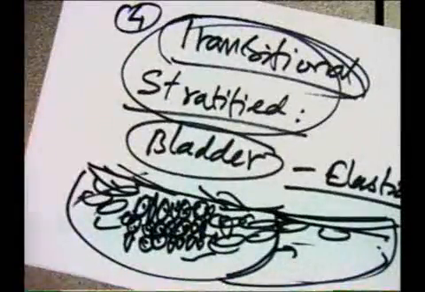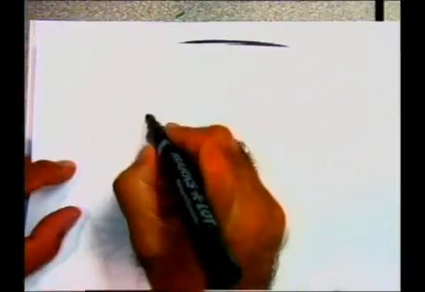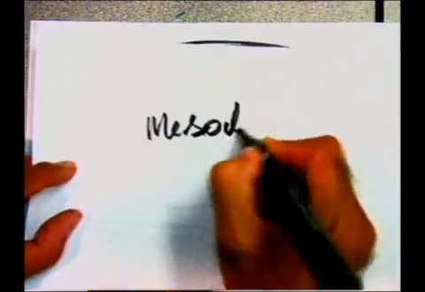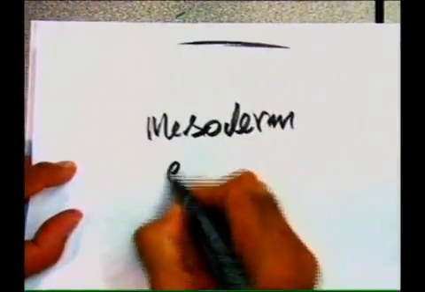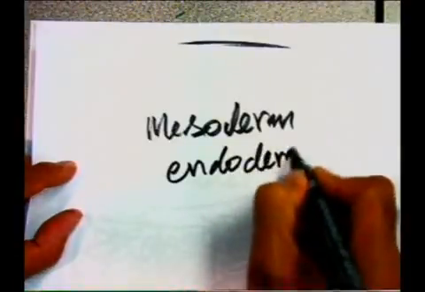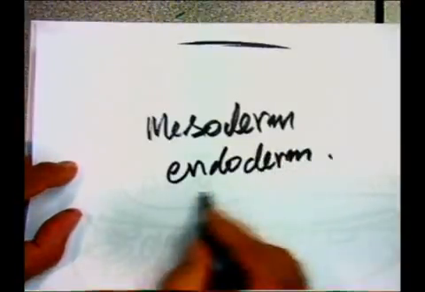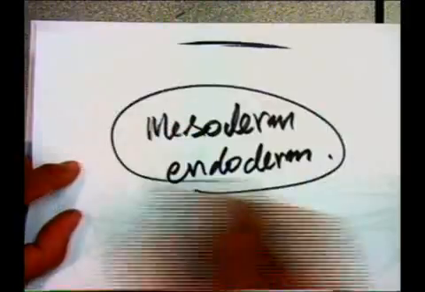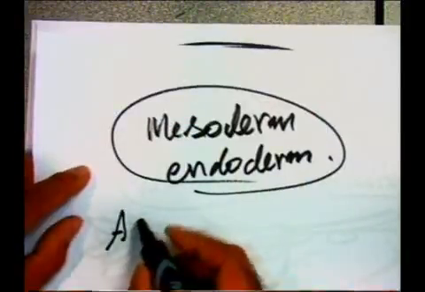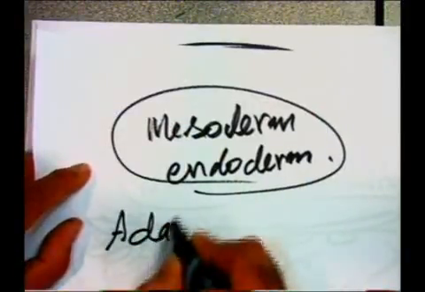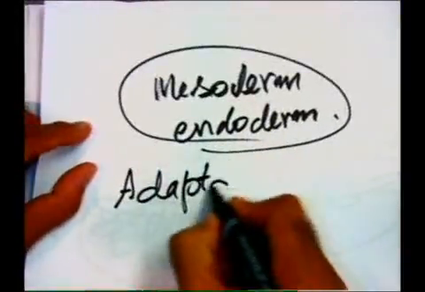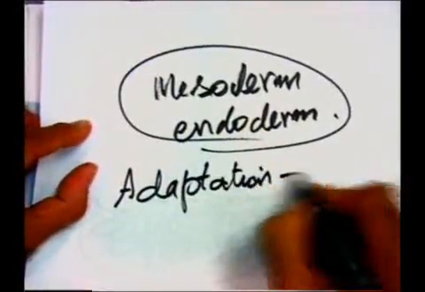The epithelial origin for this transitional epithelium is from mesoderm and endoderm. The main function is adaptation for the distension of cells.